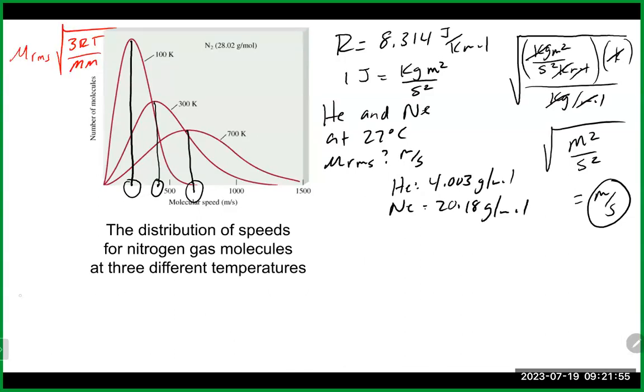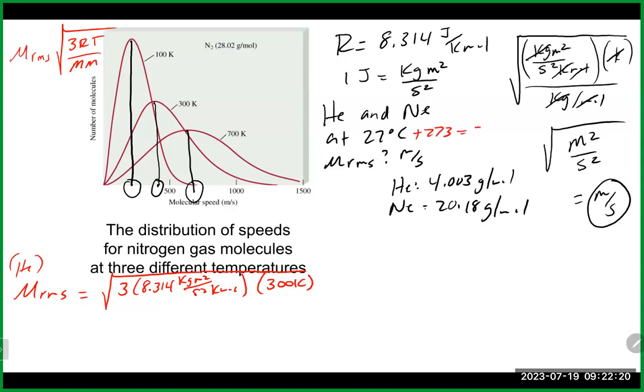Okay, let's take a look. We're going to calculate the root mean square velocity. We'll do it for helium first. So we're going to take the square root of 3 times 8.314, again that's kilograms, meter squared, second squared, Kelvin and mole, times our temperature, which we do need to convert to Kelvin. We did it earlier in that problem. Adding 273 will give us 300 Kelvin. And also here, our molar mass needs to be converted to kilograms per mole rather than grams per mole. So it's just a kilogram conversion, which means divide by 1,000, or move the decimal place 3 places to the left.